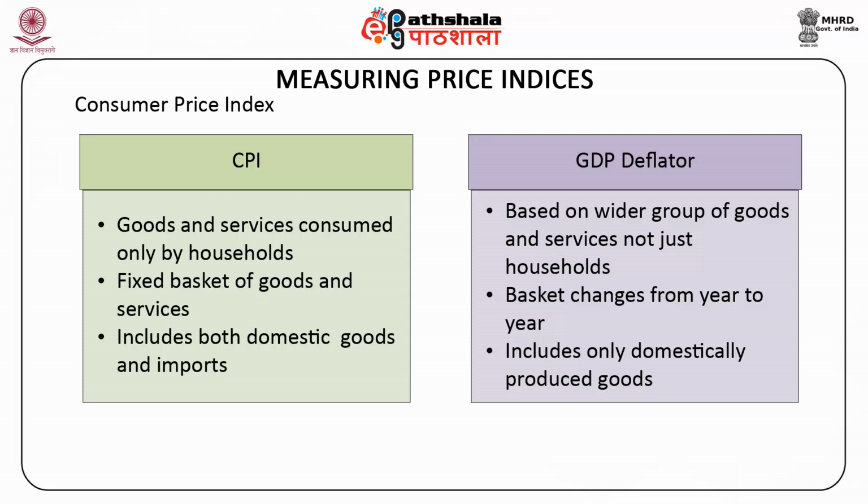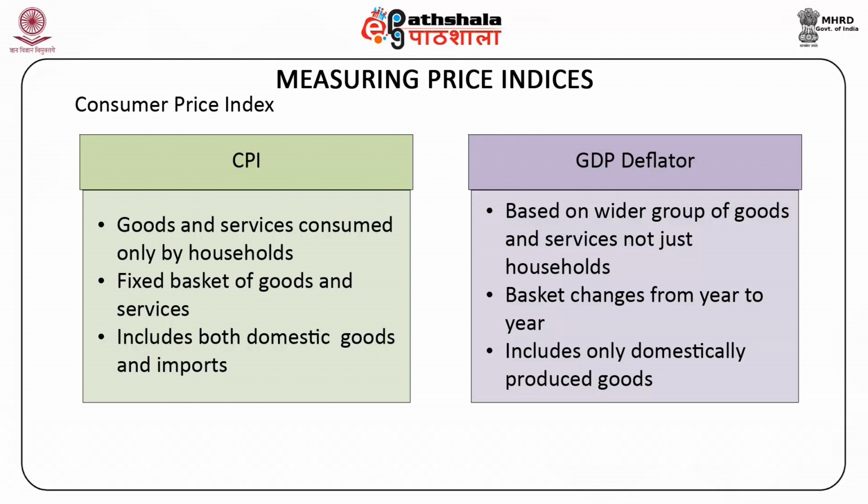The CPI measures the retail prices of a fixed basket of goods and services consumed by the households, while the GDP deflator is based on the prices of a wider group of goods. Secondly, the GDP deflator is based on actual production of a product in the economy.